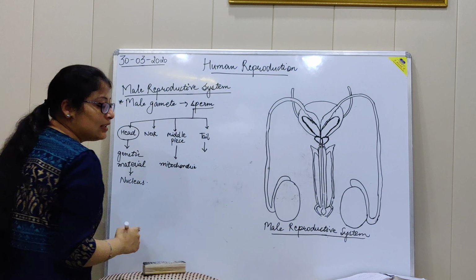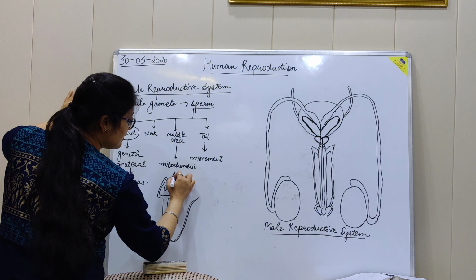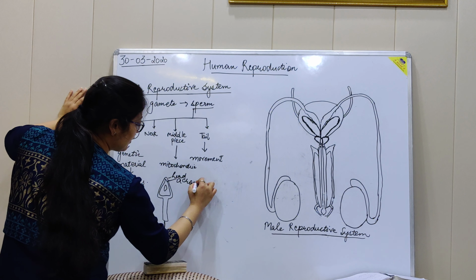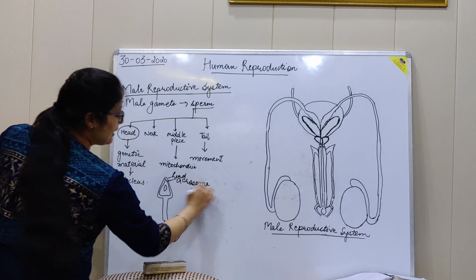Structure of sperm. The head consists of the acrosome, which is a modified Golgi body, and it further consists of the nucleus. The modified Golgi body consists of an enzyme known as lysin.